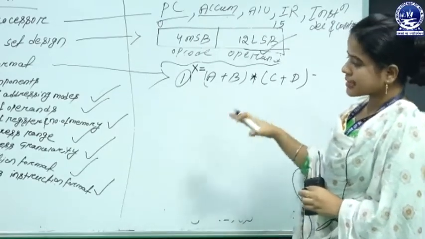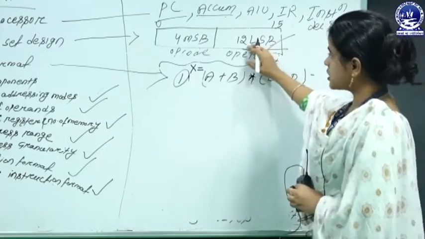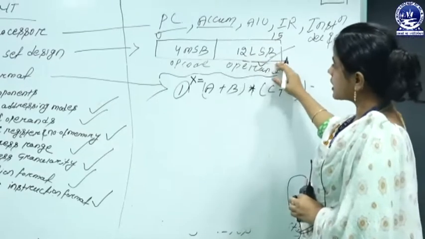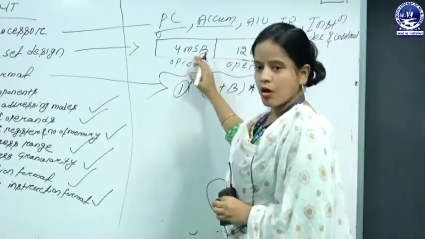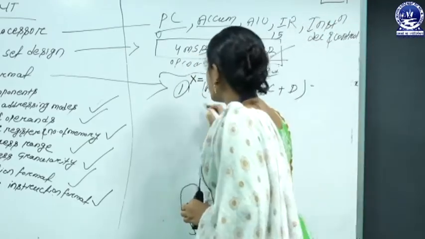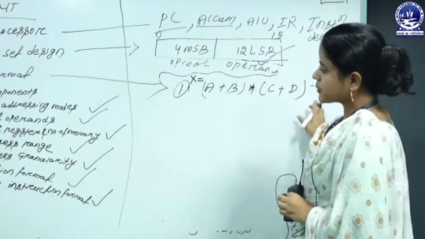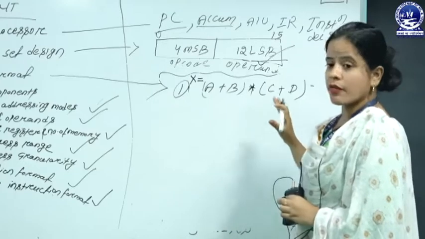As you know, a one address instruction uses one address location, which may be a register or memory, and the other is the accumulator. As it follows the accumulator concept, whenever we execute the expression using the one address instruction format, we use the accumulator.